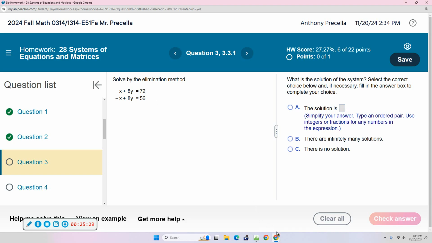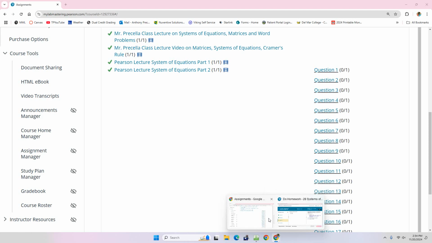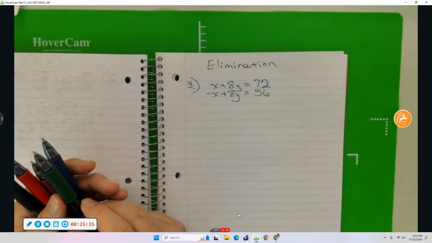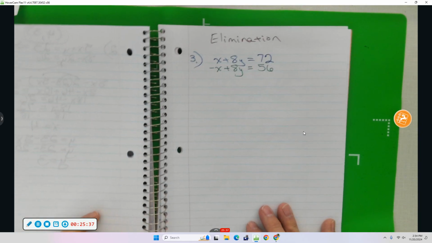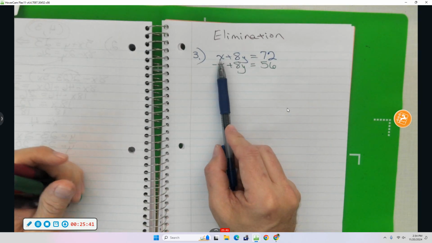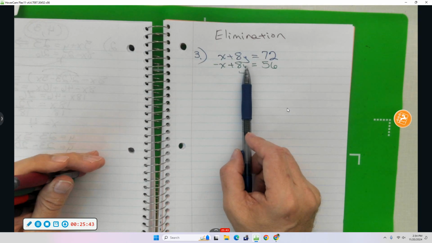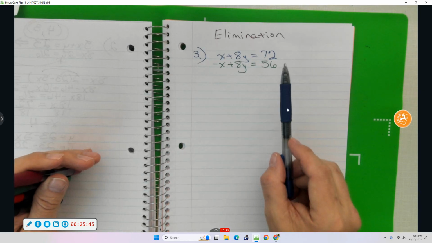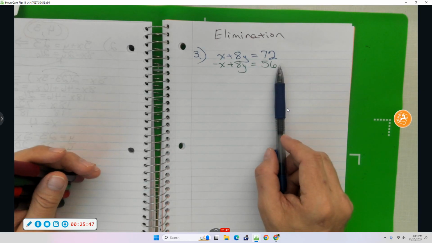We want to know, where do these lines intersect? If we were to draw the graphs, where would they intersect? With elimination, you have to make sure that your like variable terms are aligned and you have the constant terms by themselves on the right hand side.